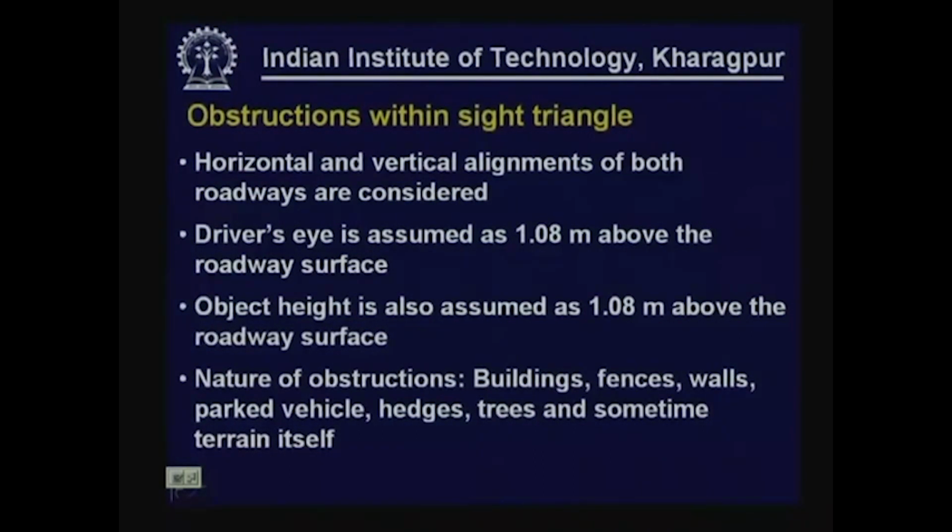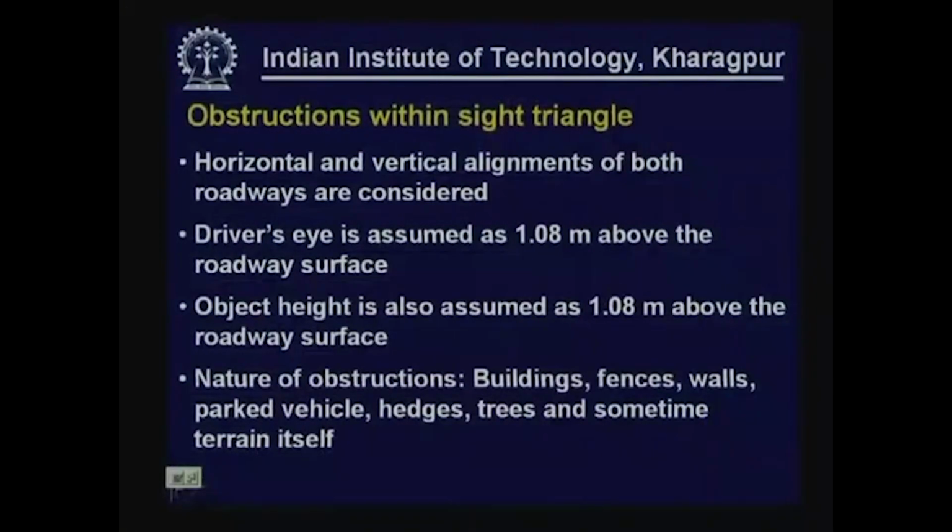That means we should consider the horizontal as well as vertical alignments, because the line of sight might be blocked due to all these factors. It is also necessary, like for every other type of sight distance, to specify the height of the driver's eye above road level and also the height of the object.